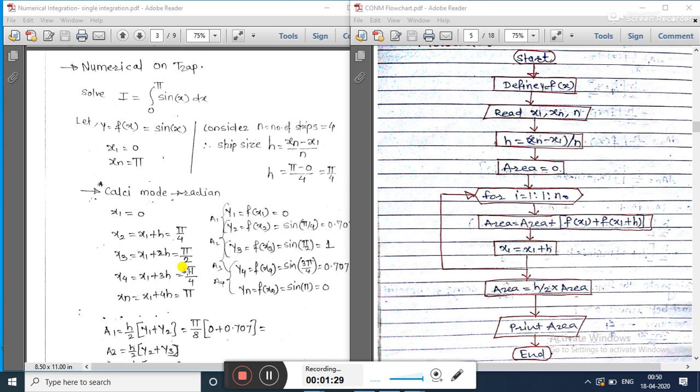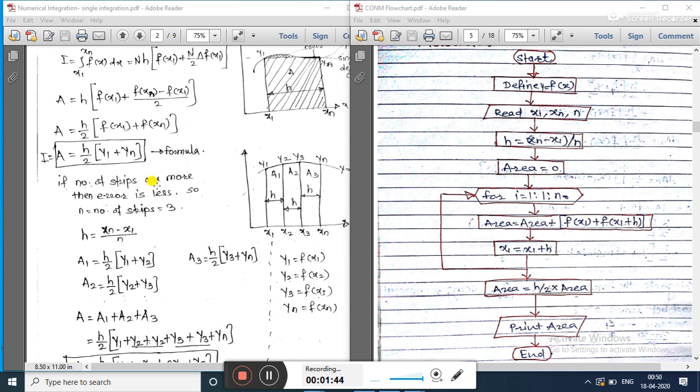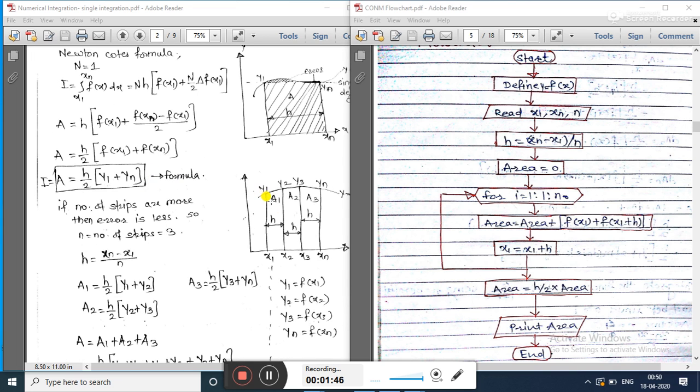Then, for the numerical purpose, we require all the x values. If n is equal to 4 steps, then 5 points are generated. In the graph also you can see, if there are 3 strips, 4 points are generated.